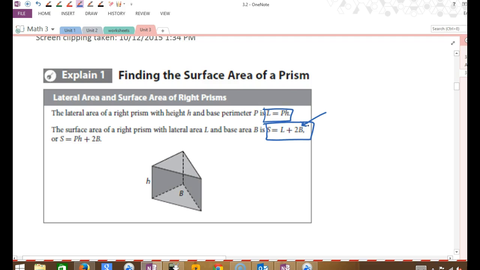On this particular triangular prism, what's the area of the base going to be? What's the area of a triangle? 1/2 base times height. It depends on what shape we're doing. We have to figure out what the area of the base is, and then since there's 2 bases, we multiply it by 2.